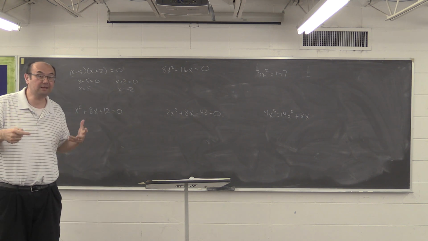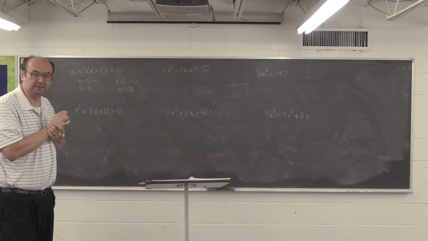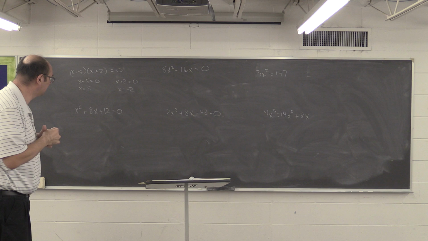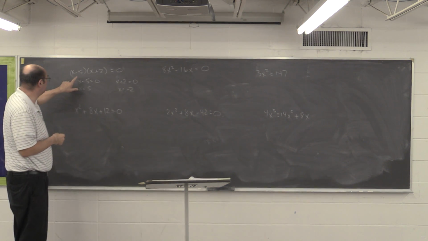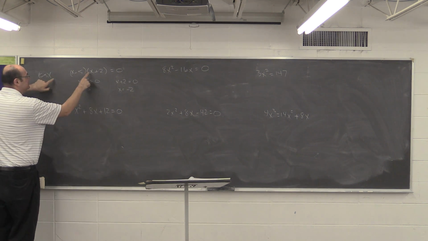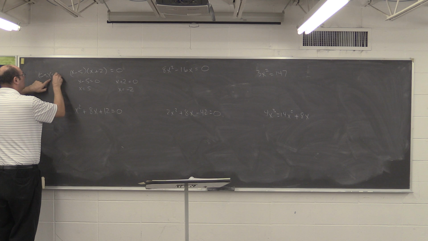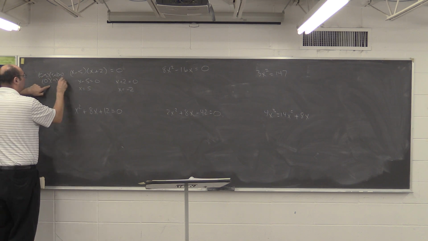Quadratic problems have more than one answer, and so we want to make sure that we understand what those are. So 5, if we plugged it back in, would be 5 minus 5 times 5 plus 2 equals 0. We get 0 times 7. What would that be?